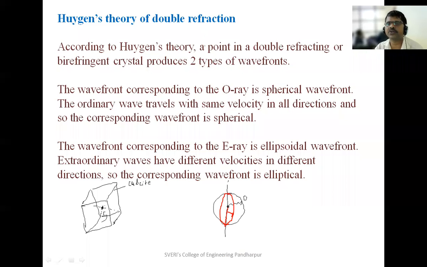The next point, according to Huygens theory: a point source of light in a double refracting medium produces two types of wavefronts. Write it.